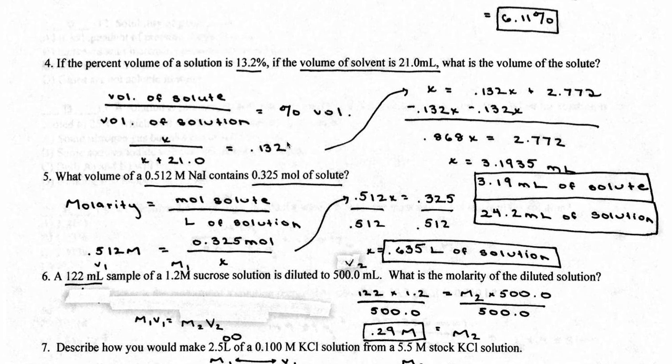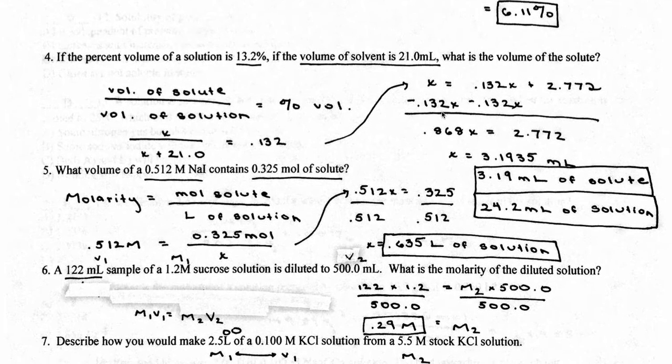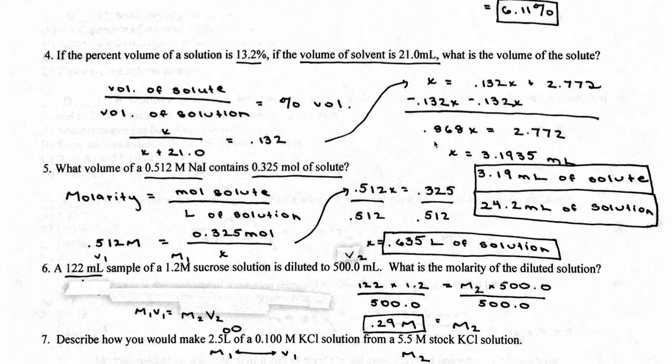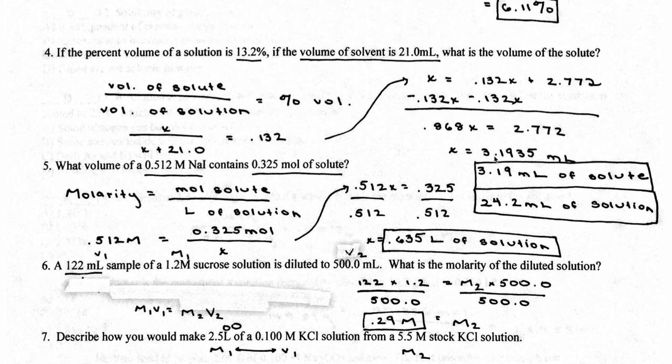Again, cross multiply, and I get this. To isolate X, subtract both sides by 0.132, and then divide by the 0.868, and I get this answer. Now, since I'm dividing, okay, I'm going to base this off of sig figs. So the fewest number of sig figs is 3, so here's my answer.